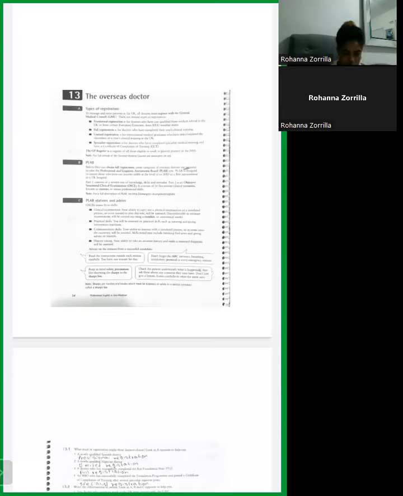Communication skills: your ability to interact with a simulated patient, or in some cases the examiner, will be assessed. Skills tested may include breaking bad news and giving advice on lifestyle.